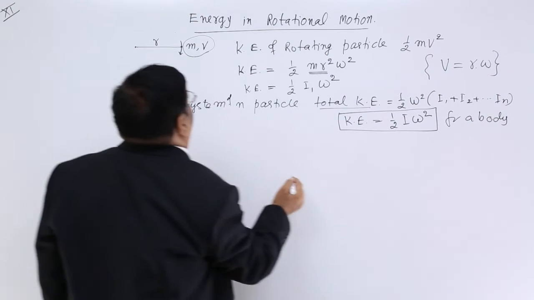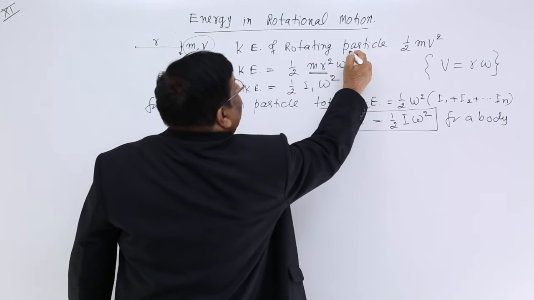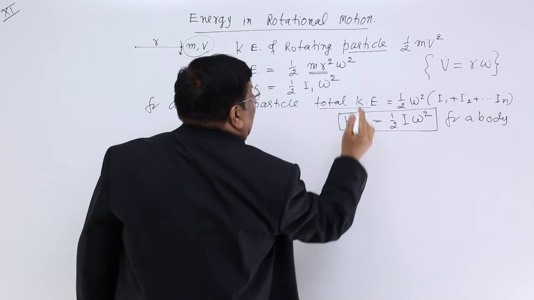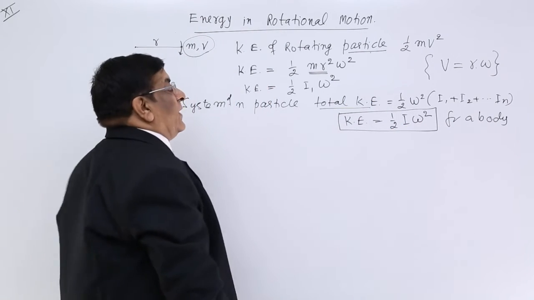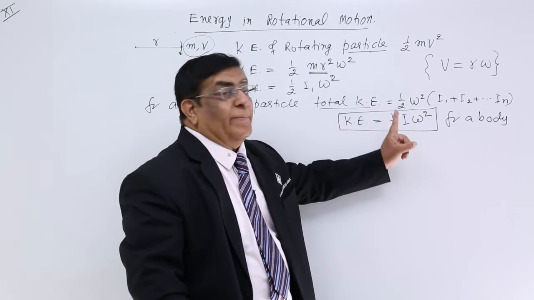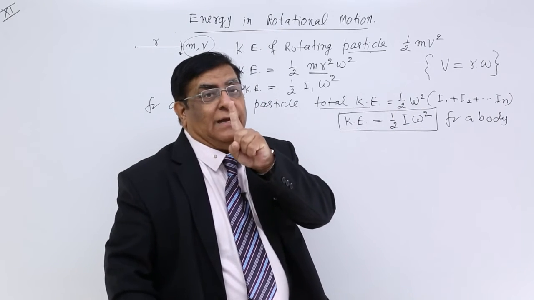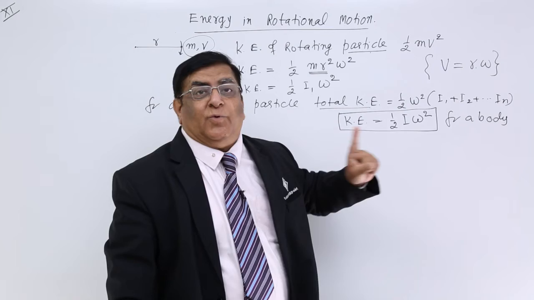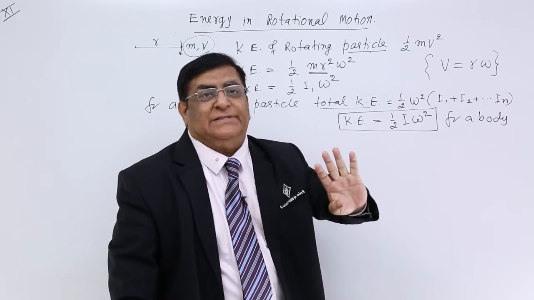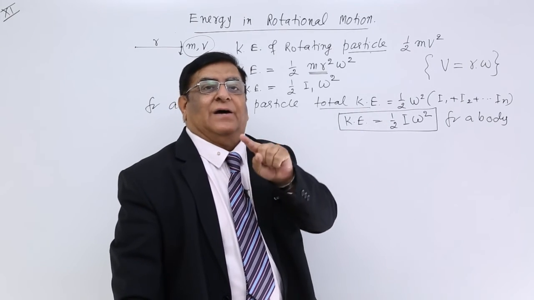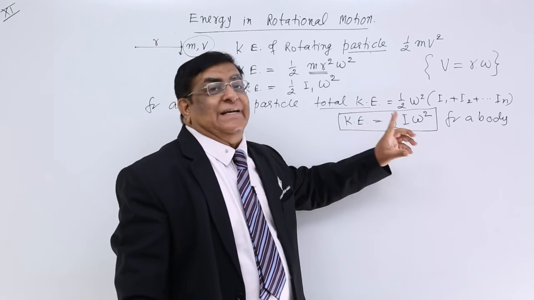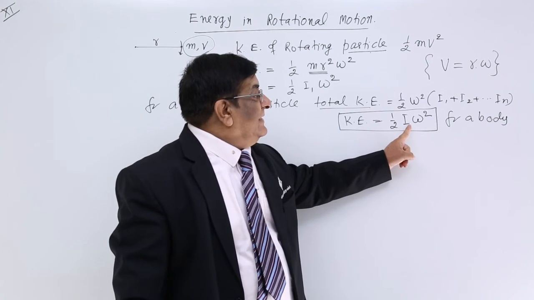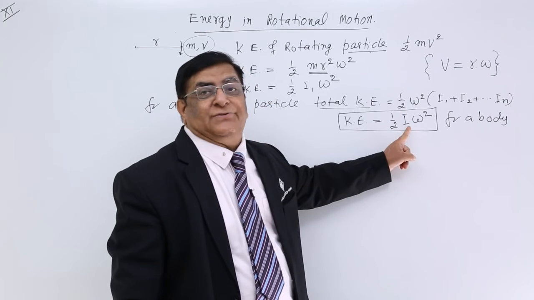So we started with one particle, and the kinetic energy for a body is half I omega square, where I is the moment of inertia of that body. And mind it, that moment of inertia is not always mr square, because that r is geometrical r. So if it is a disk, then this I itself is half mr square.